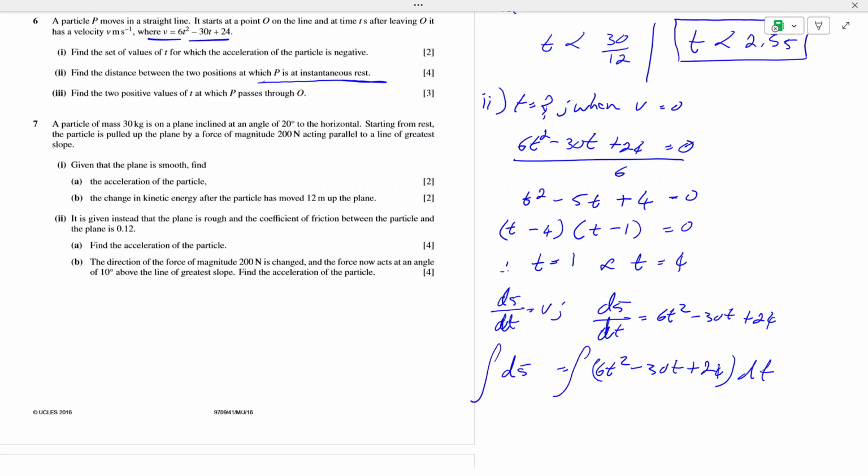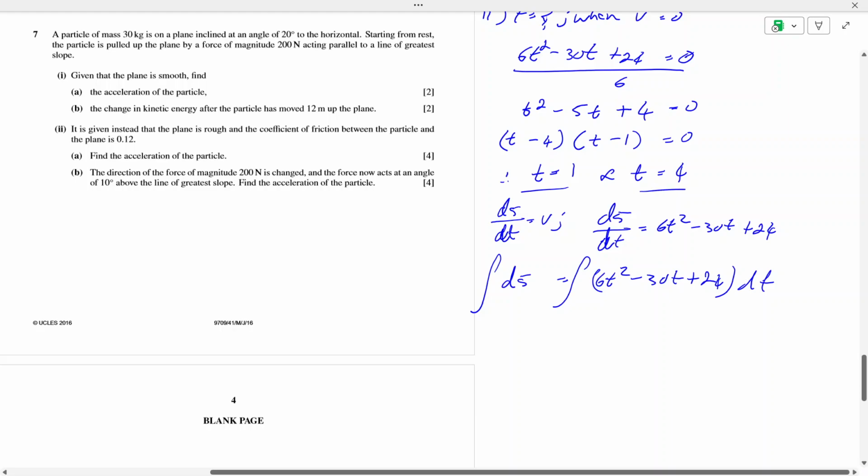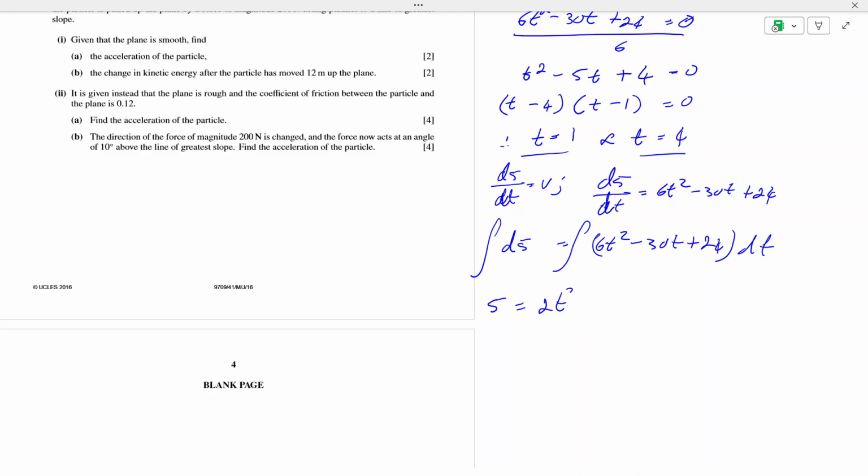See, then I integrate those, and I have my limits. These are going to be the limits, right? So I have s is equal to, when I integrate that, 2t cubed minus 15t squared plus 24t, plus c, which really doesn't matter in this case because I'm going to plug in the limits, which are 4 and 1.